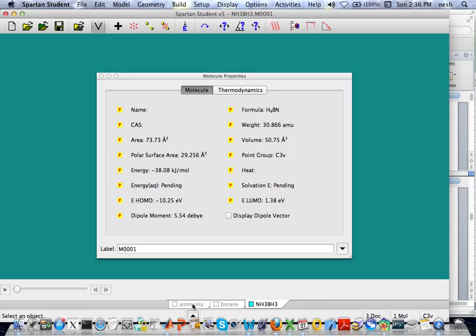Let's see the energy of the Lewis base. I see that that's minus 12.83. I see that the energy of the borane acid is 142.83. And the energy of the adduct that results is minus 38.